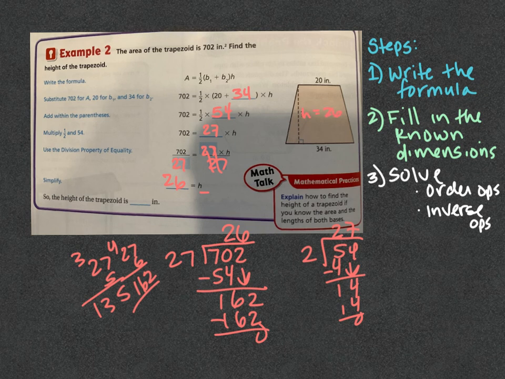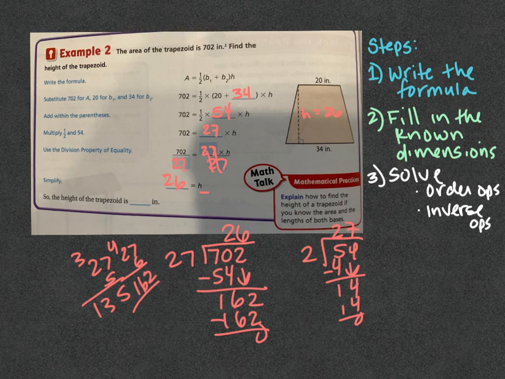So as long as they give us enough information and I only have one variable to solve, I can solve for that variable. Most of the time we've been getting all of the dimensions and need to find the area. You will come across some where they give you the area but leave off the height, or they give you the area and leave off one of the bases.